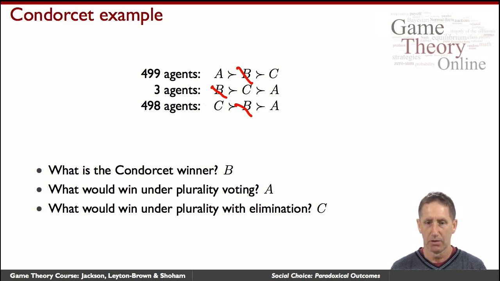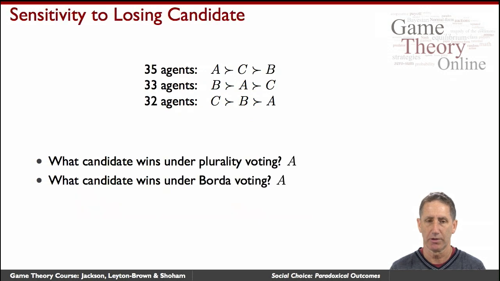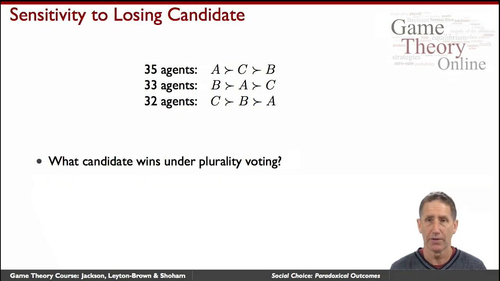And so two voting schemes, both of them on the face of it reasonable, would give you different answers, and both answers different from the criterion that on the face of it seems quite a safe criterion, namely the Condorcet condition.